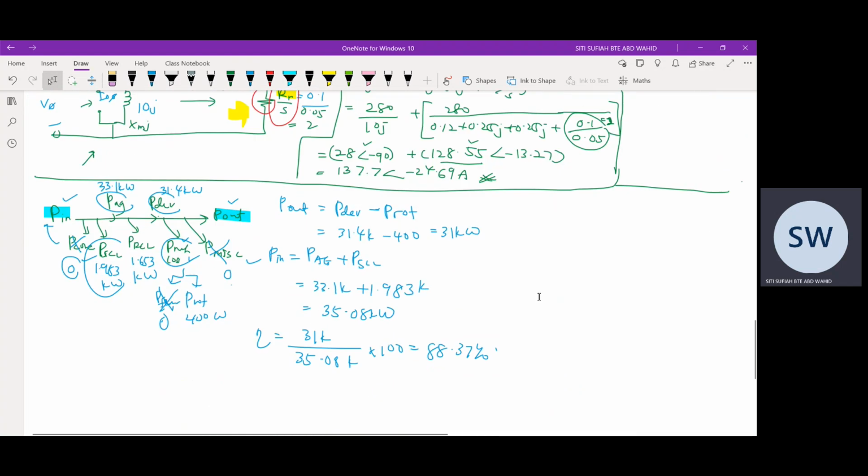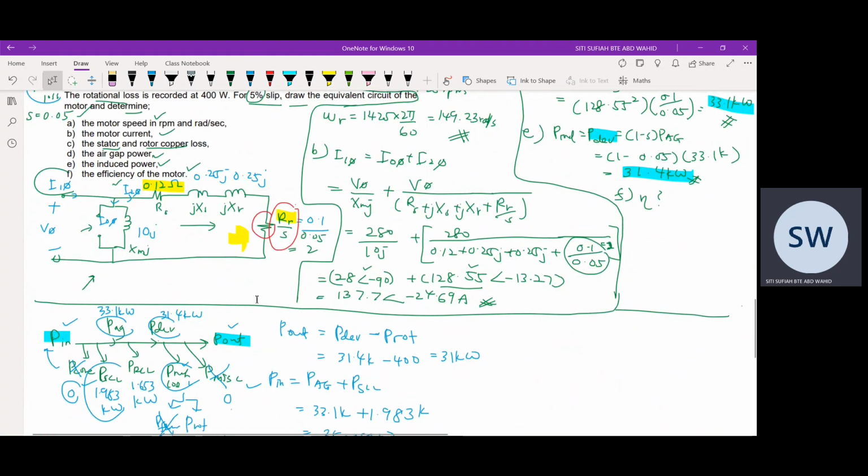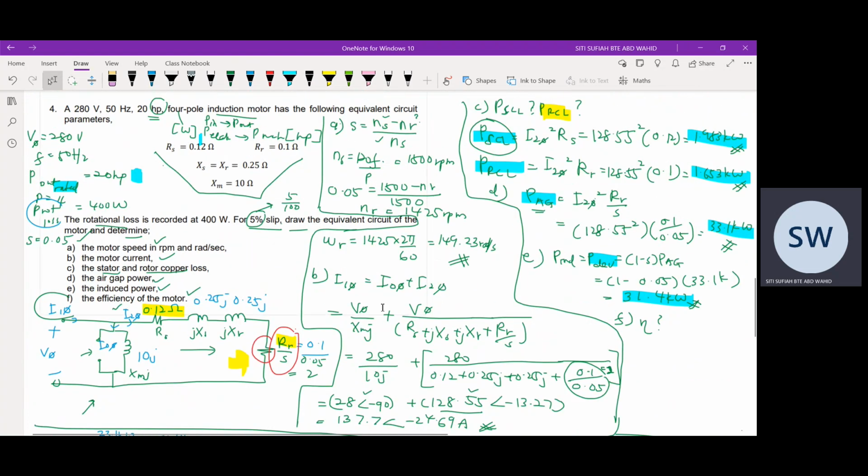So for questions 1 until 3, there can be two types of question: whether the question gives you RS, RR, XS, XR, XM or not. If it's given, you have to solve it like question number 4. The question will definitely ask you to find the current, so you will get the current, and at the end, most of the powers you will get using the formulas.